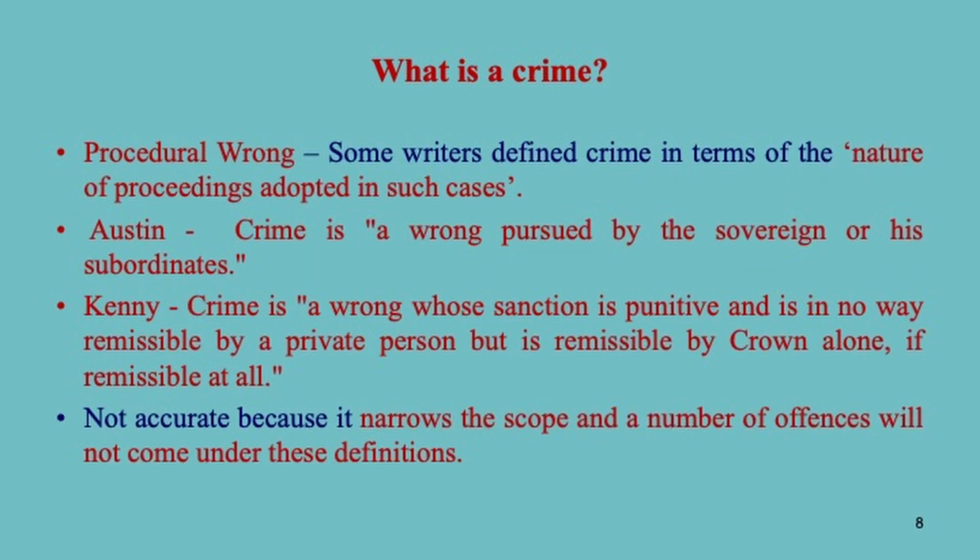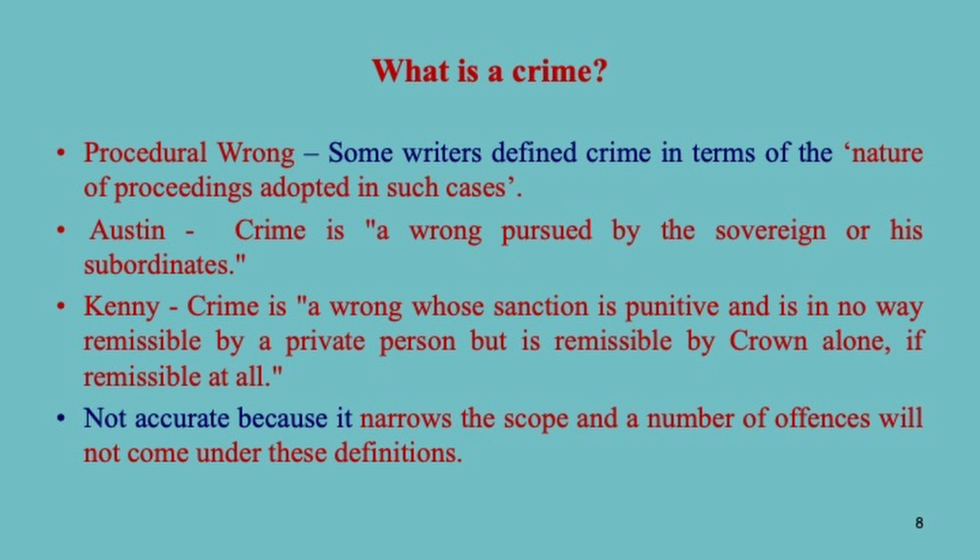Some writers defined crime in terms of the nature of proceedings adopted. According to Austin, a wrong pursued by the sovereign or his subordinates is a crime, and according to Kenny, a wrong whose sanction is punitive and which can be remitted only by the state alone and not by the individual is a crime.